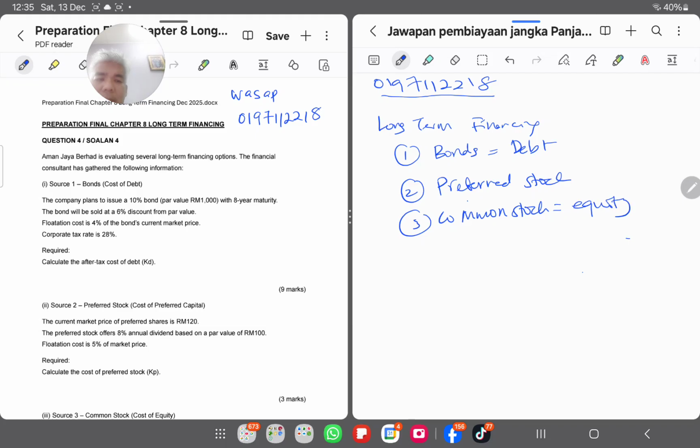Bonds are called debt, like a debt or loan. Preferred stock is some sort of stock or shares, and common stock is a very substantial amount, number one ranking in the list of equity.